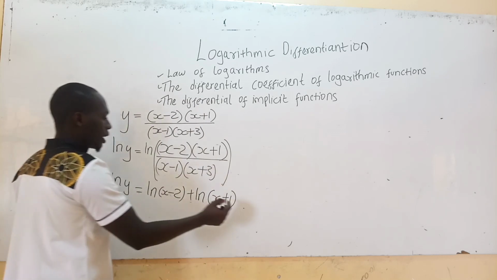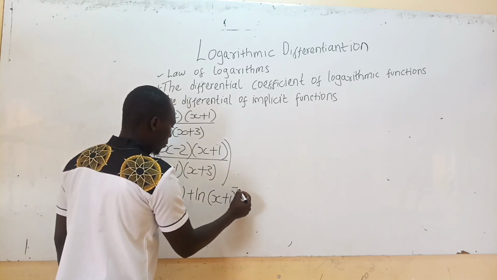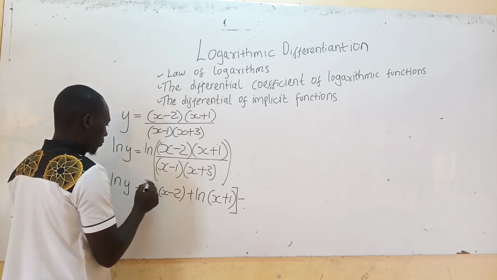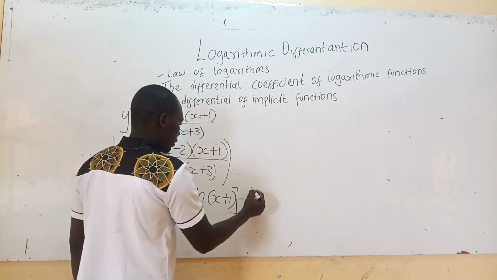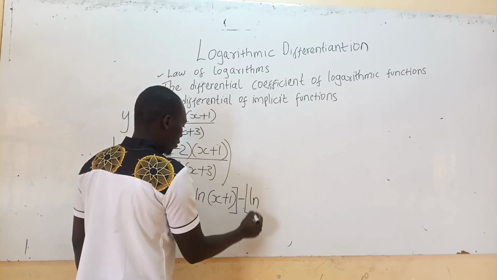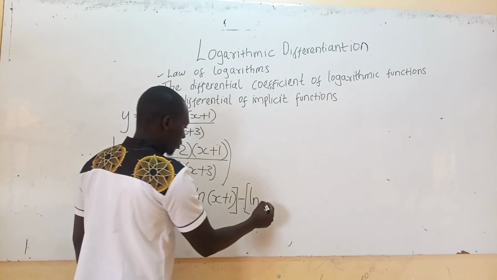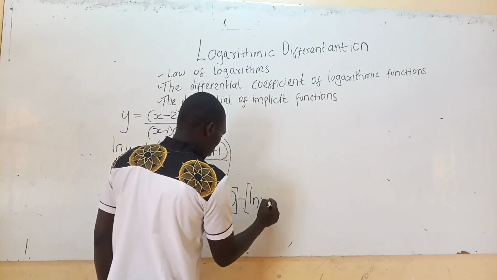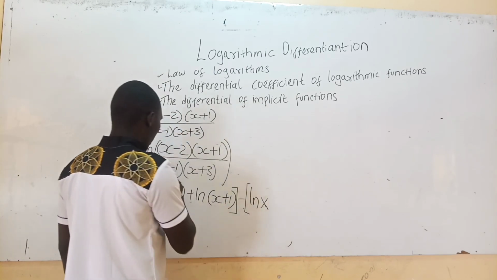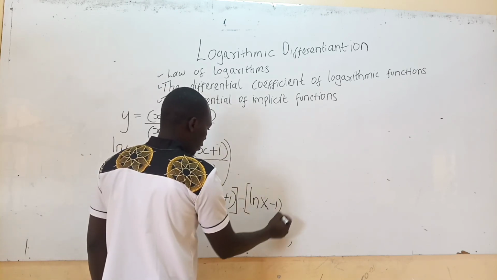And lastly, we subtract from, this is our numerator, the natural log of x, subtract from 1.